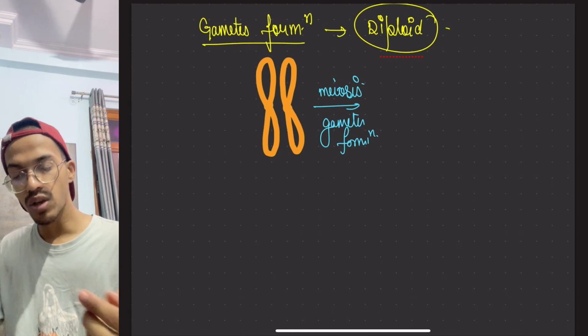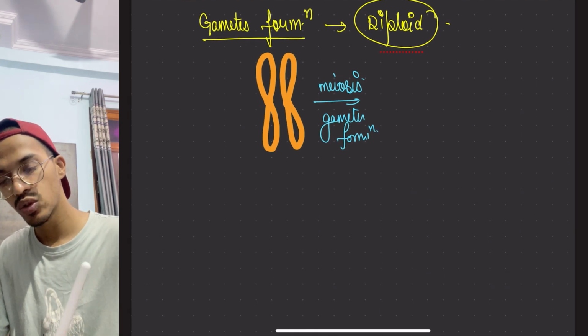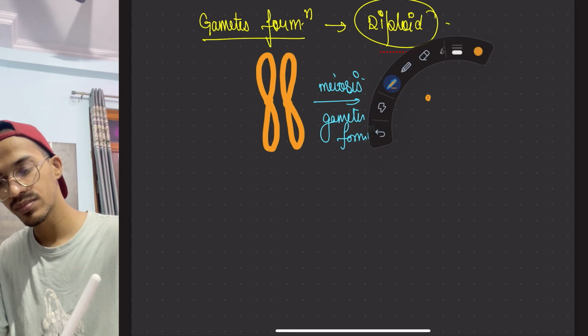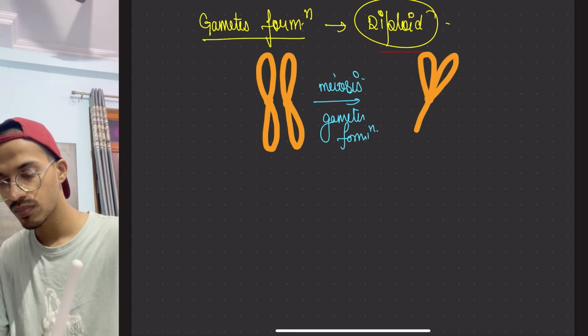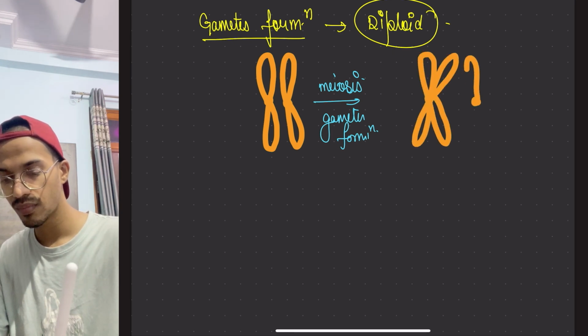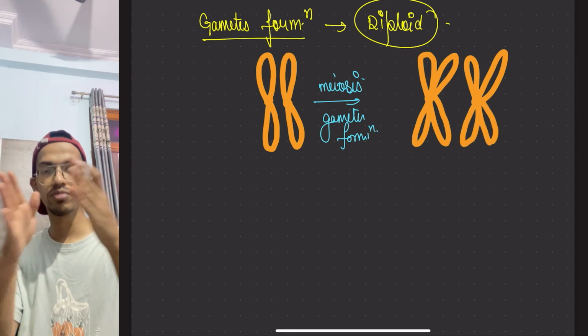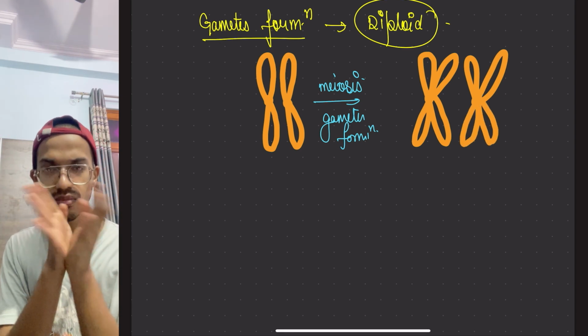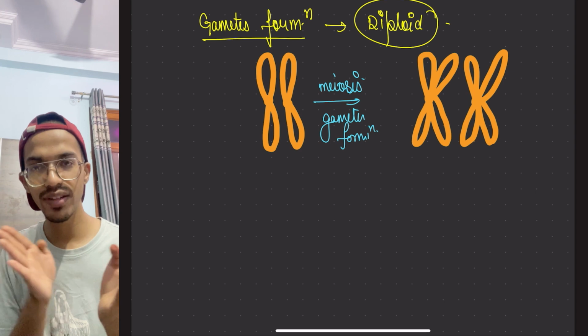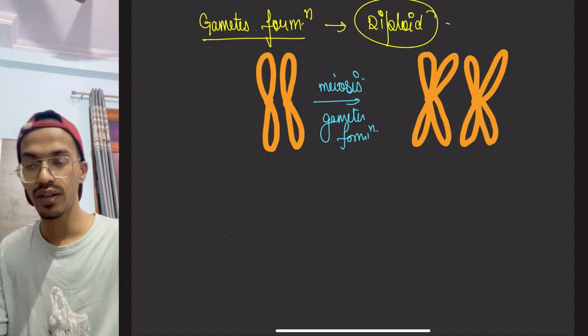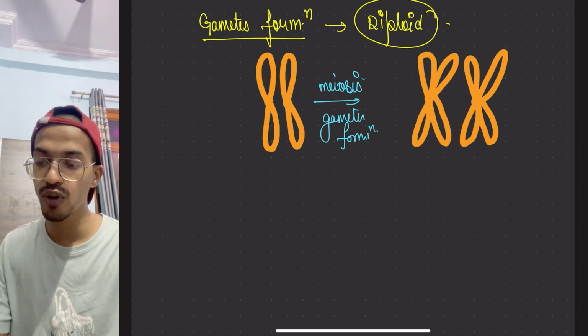So during meiosis, what is happening? These chromosomes look something like this. The chromatid numbers are increased. They are bivalent, sorry, bivalency is there, tetrad formation is there.